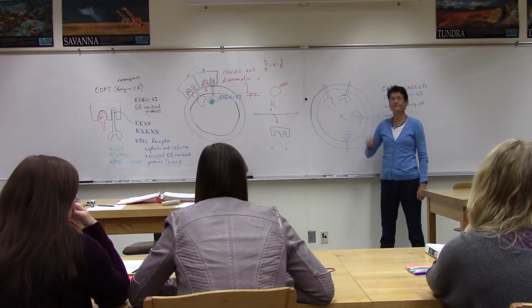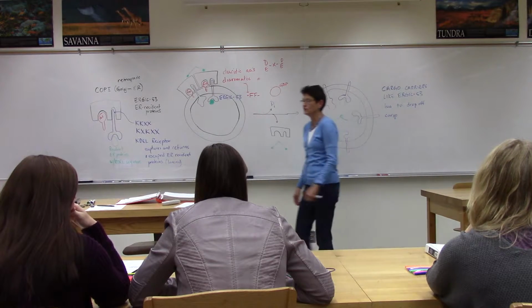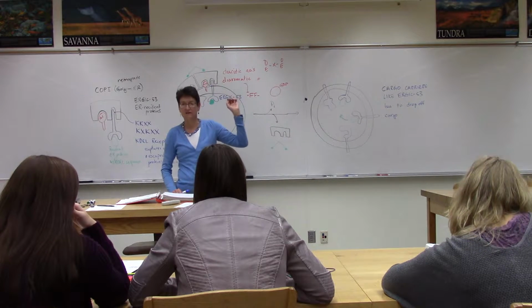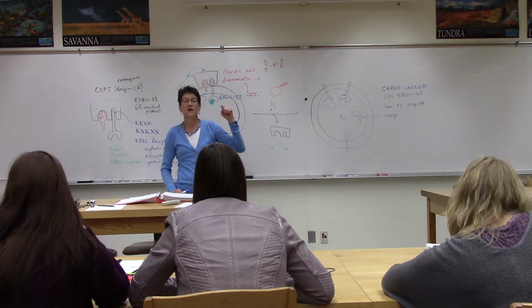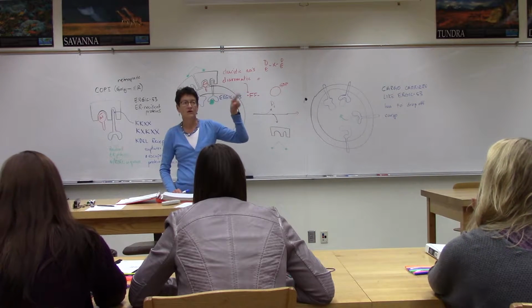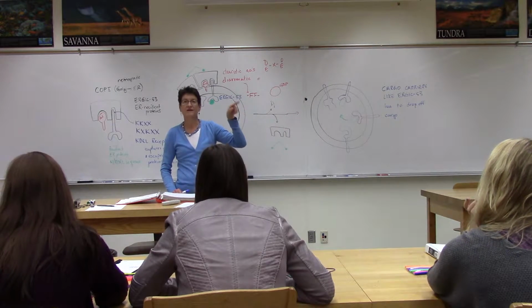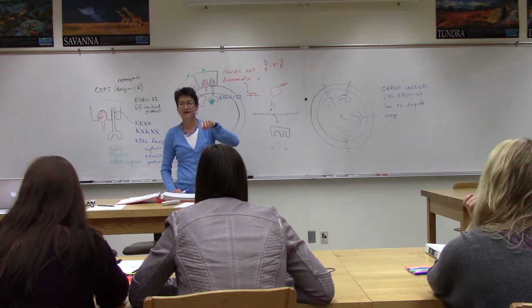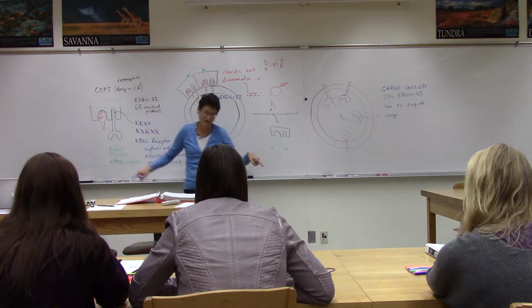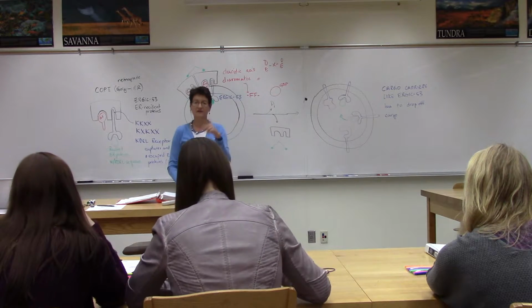So you have to picture that ERGIC as vesicles coming in and vesicles leaving. You can almost imagine a round trip ticket for ERGIC 53 from ER to ERGIC, and then it gets bound back up in the COPI coated vesicle, goes back to the Golgi. So it can cycle around.